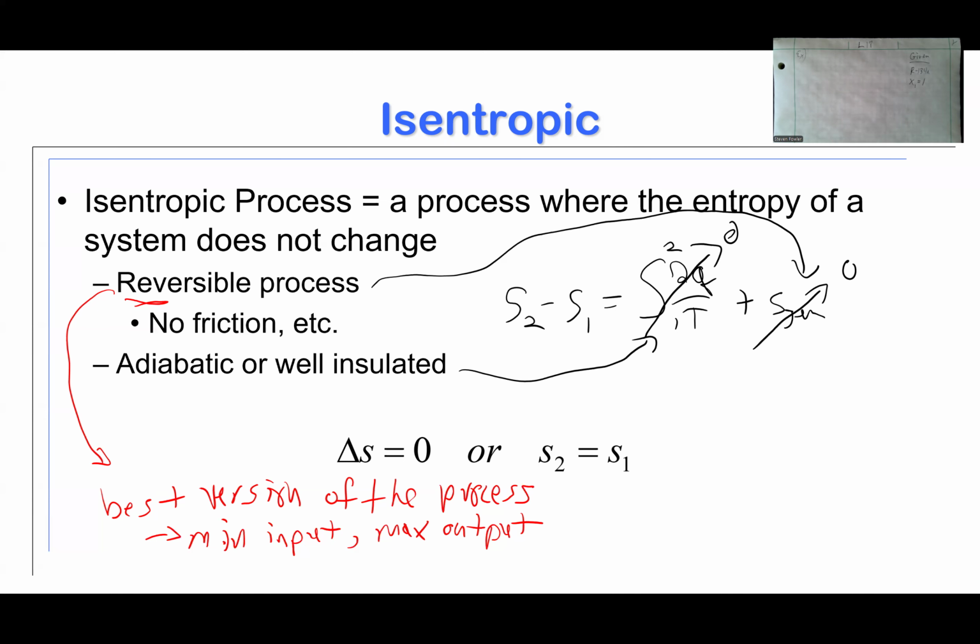So the minimum work output doesn't make sense. You really have to think about what is the purpose of the device, and is the problem statement telling me this is the best possible version of this device? If it is, then it's telling you you can assume that it's reversible and that S gen is equal to 0.